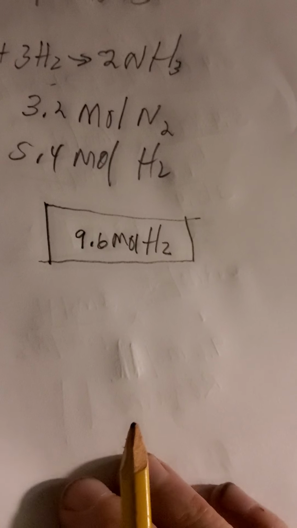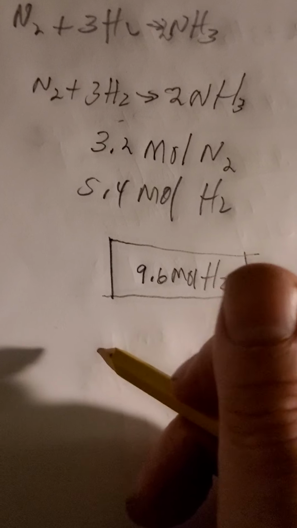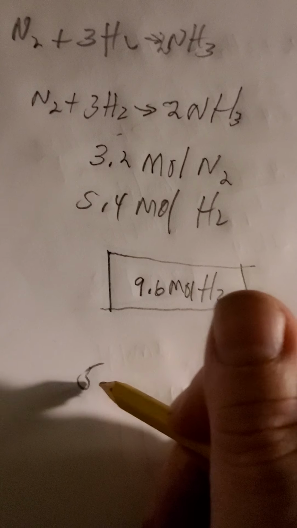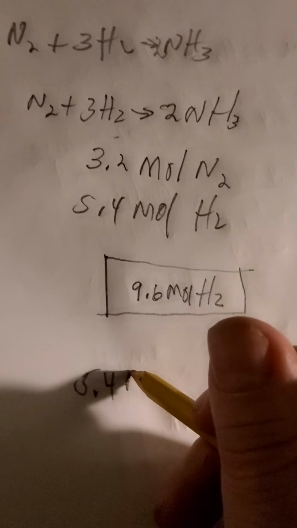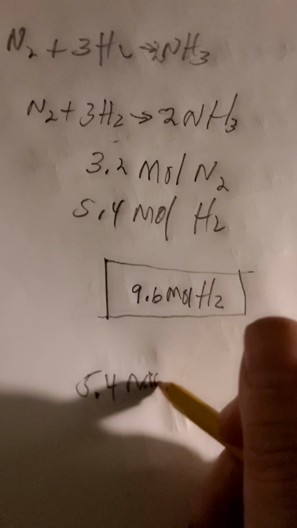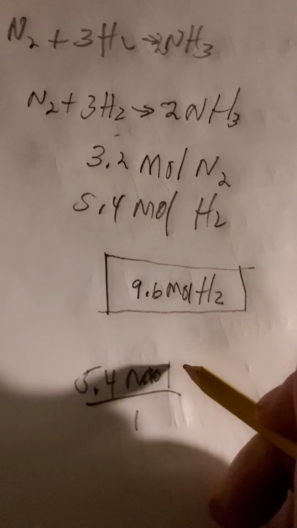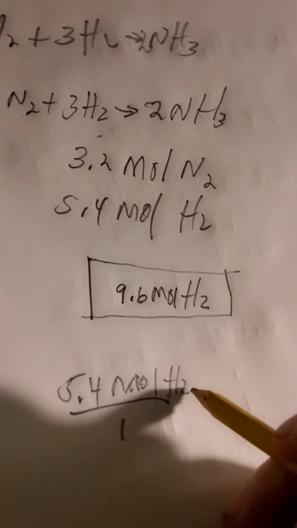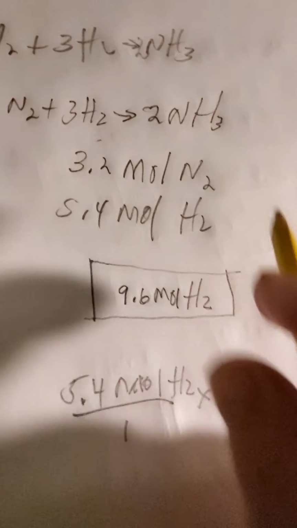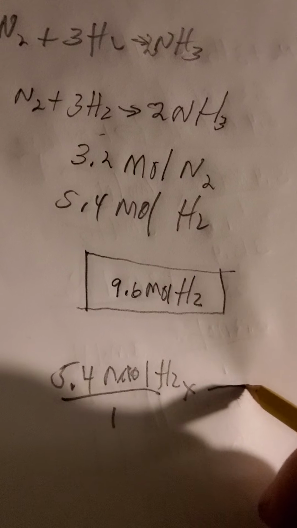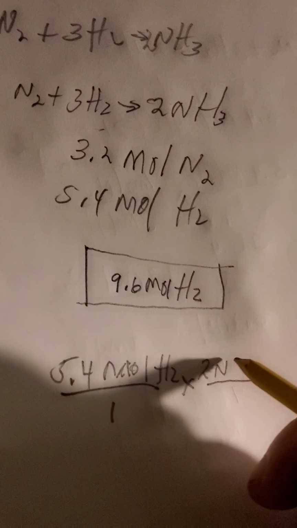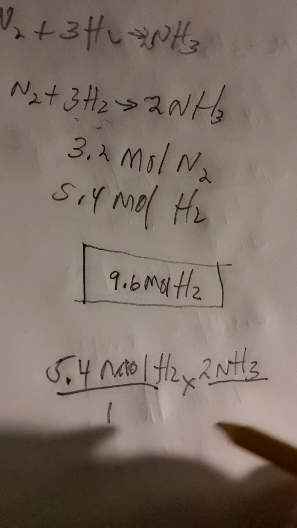Okay. So what do I do? Well, I look at my equation and I put down this 5.4, because I want to find out how much ammonia I can make with just the 5.4 moles of hydrogen, over 1, times, according to my equation, for every 2 moles of NH3, I'm going to have to react 3 moles of hydrogen.